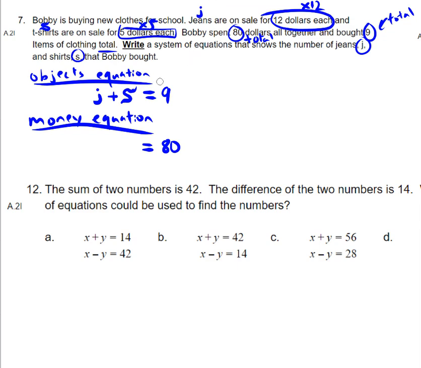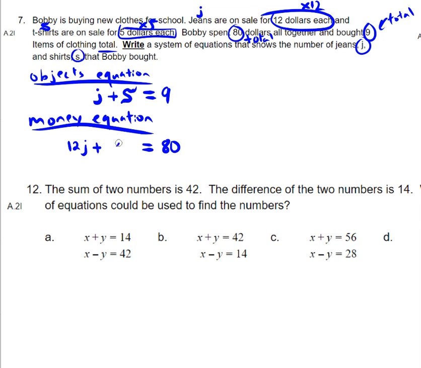Now, my money equation. I have to look at these jeans and say, okay, well, jeans isn't really a unit of money, right? I have to convert that to how much he actually spent on the jeans. So the jeans are $12 each, so it's going to be 12 times the jeans. It's $12 for every jean, so 12J. And then I'm going to add to that the amount that he spent on the t-shirts.